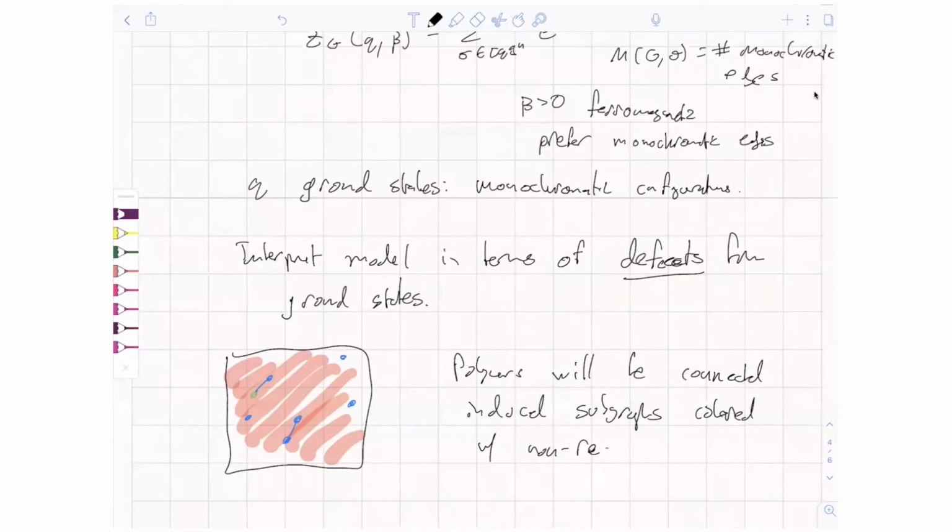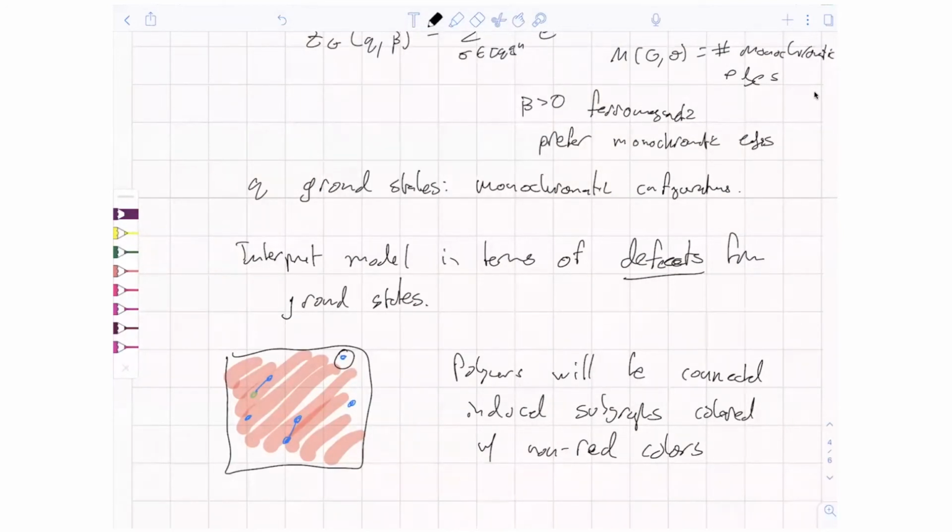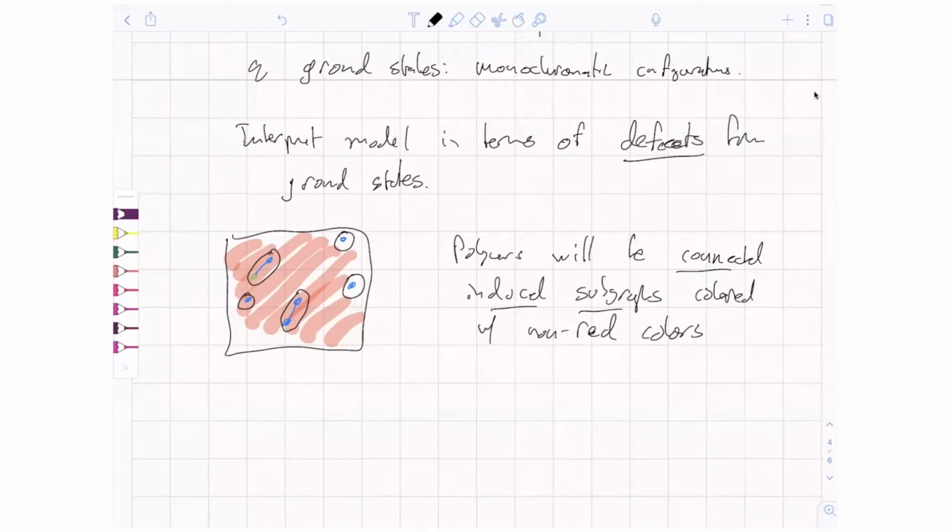So in this picture, this would be a polymer, this would be a polymer, this component would be a polymer, this would be a polymer, this would be a polymer. I'm given this graph G, and polymers are connected induced subgraphs, but they're also colored with Q-1 colors. So you can think of these as labeled connected subgraphs.